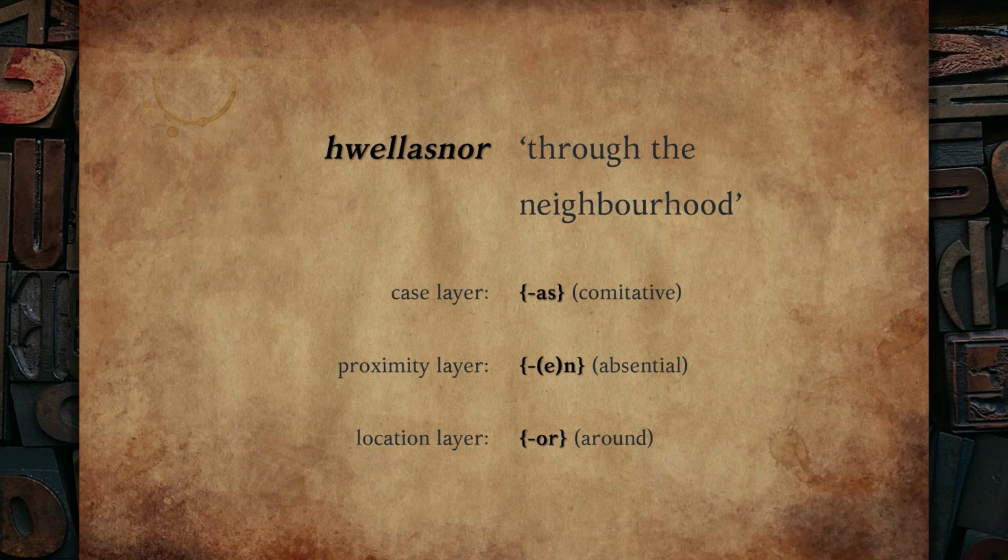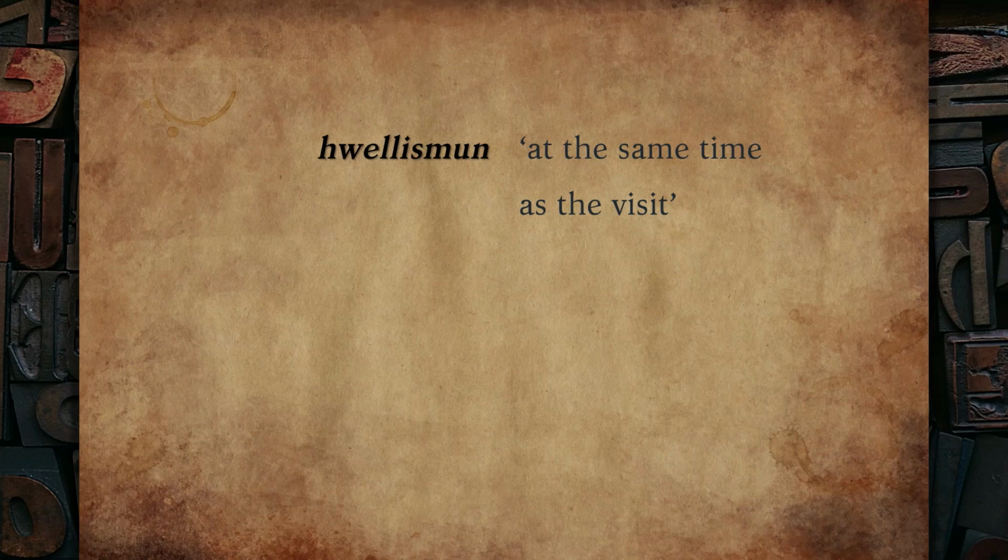And finally, we have velismun, at the same time as the visit. Of course, we have the temporal proximity and the asif, because it is something that is basically parallel to the visit, right? It is as the ladder next to the house, it is next to the visit, but it is not during the visit.